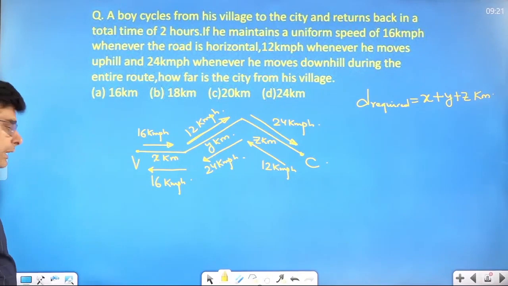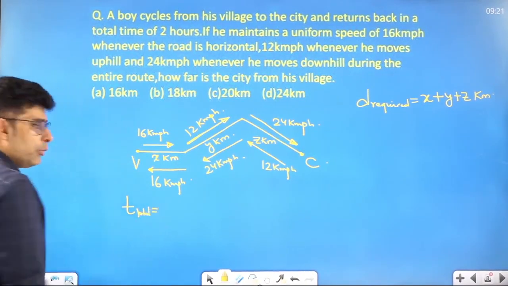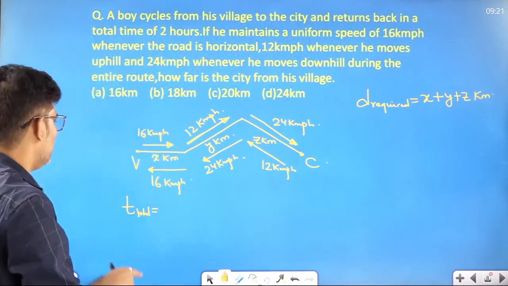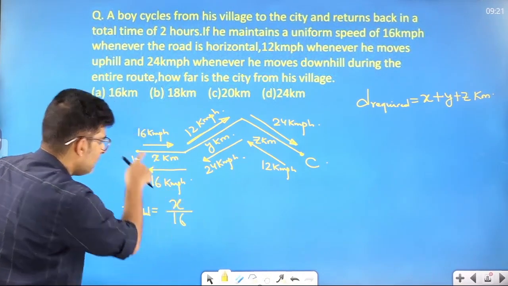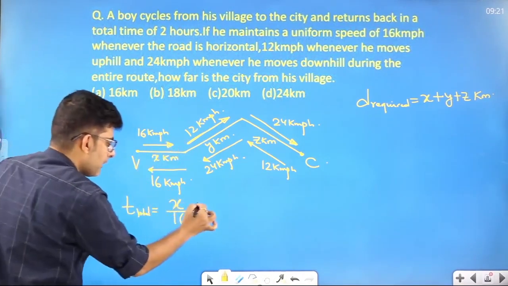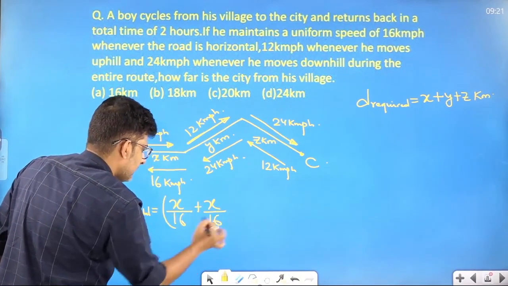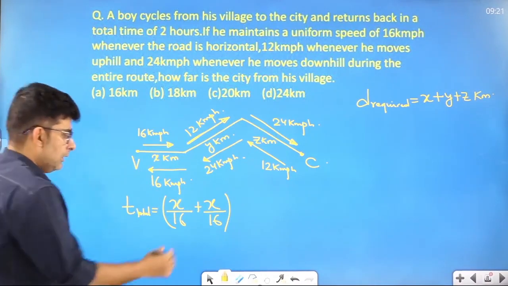So now if you see the total time he takes, what is the total time? Time is distance by speed. So while going x by 16, while coming x by 16. Do you agree with this? x by 16 going, x by 16 coming.